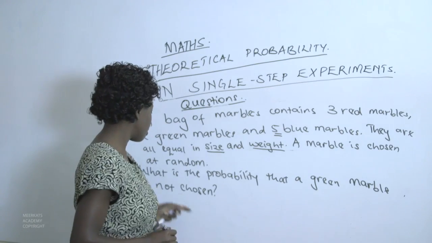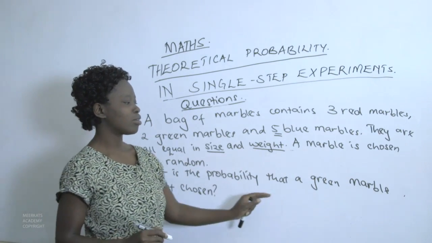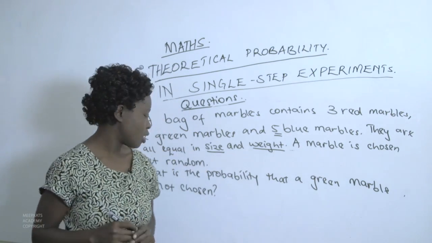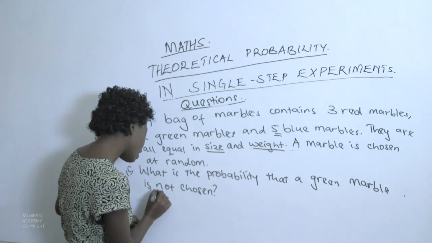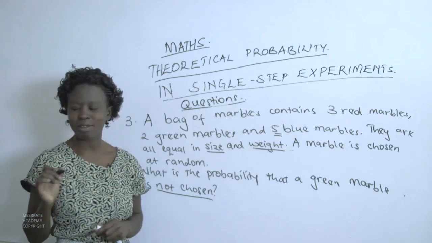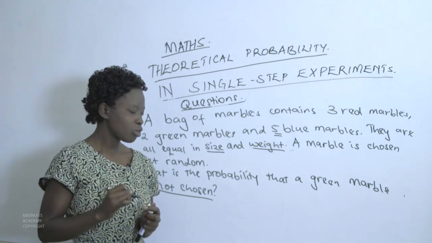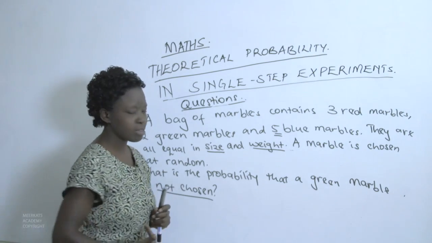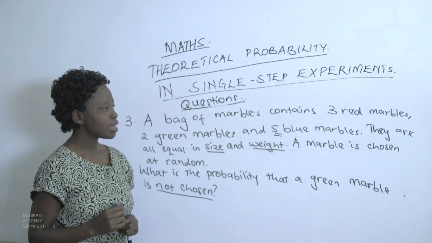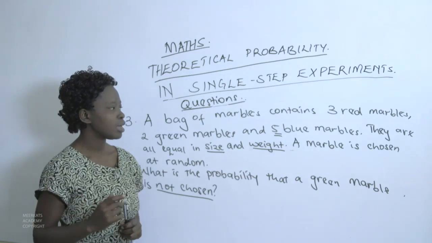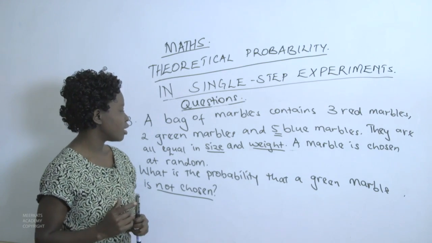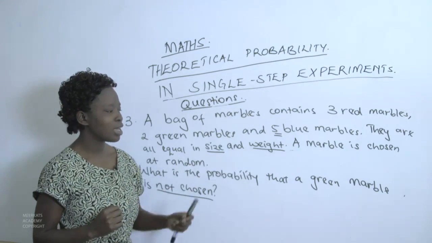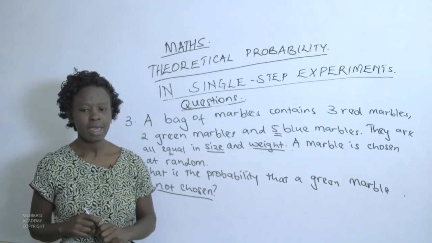So we are being asked, what is the probability that a green marble is not chosen? So this is the case that the probability that it is not chosen. We have 2 options in which we can handle this. The bag contains 3 colors: red, green, and blue.